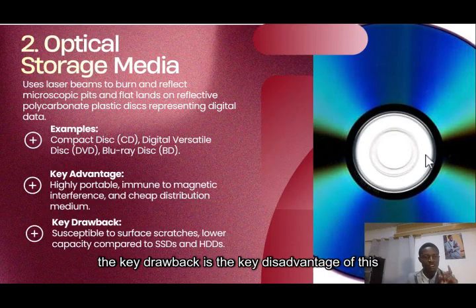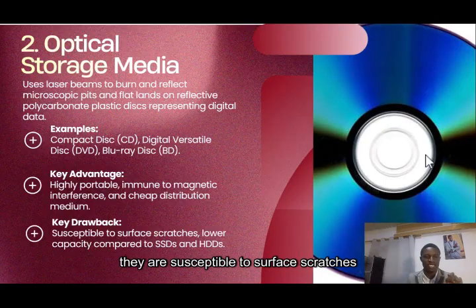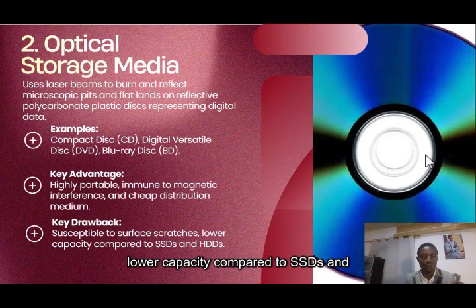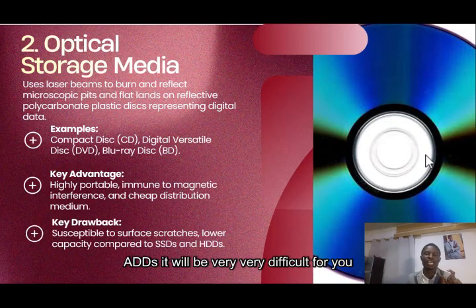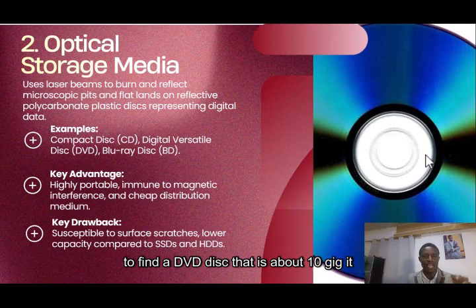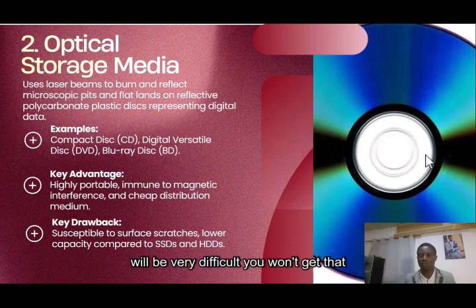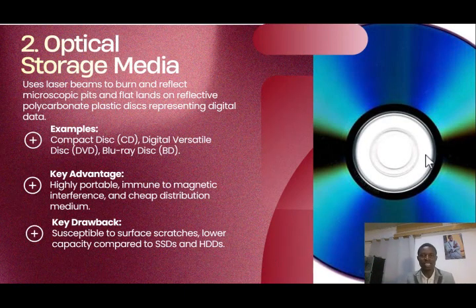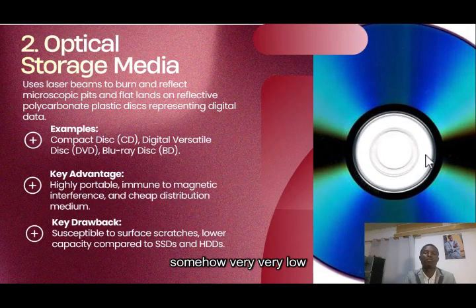The key disadvantages of these optical storage media are that they are susceptible to surface scratches and have lower capacity compared to SSDs and HDDs. It will be very difficult for you to find a DVD disc that is about 10 gig. You won't get that, because their capacity is very low.